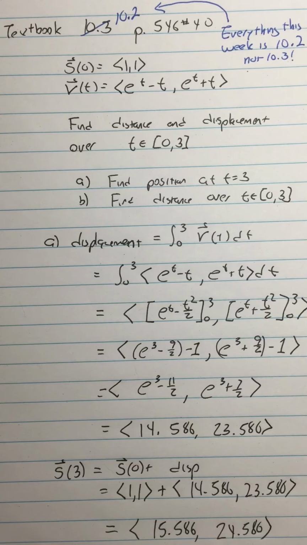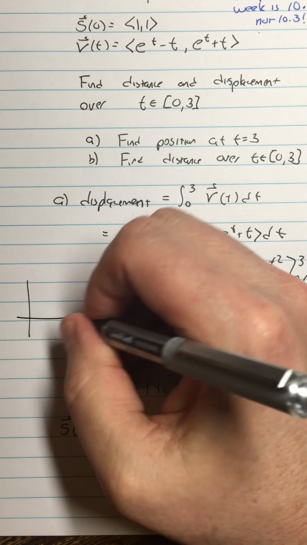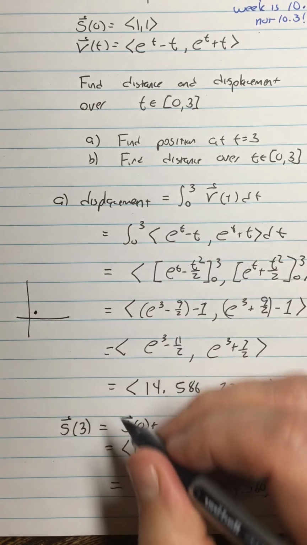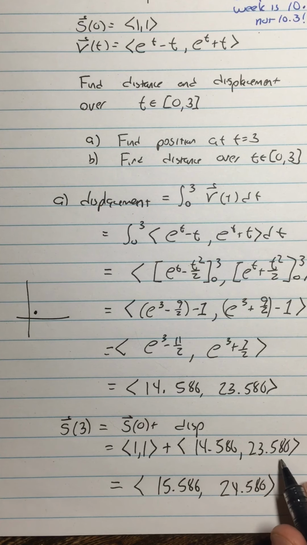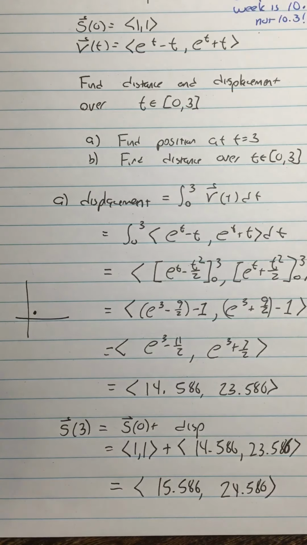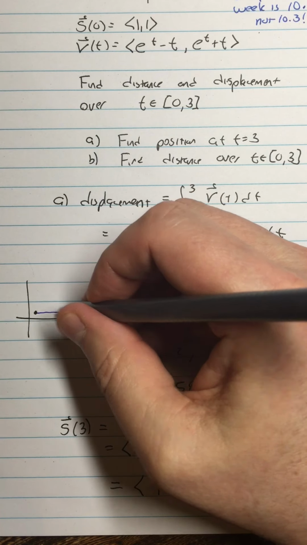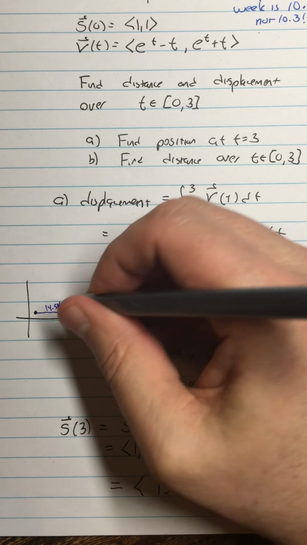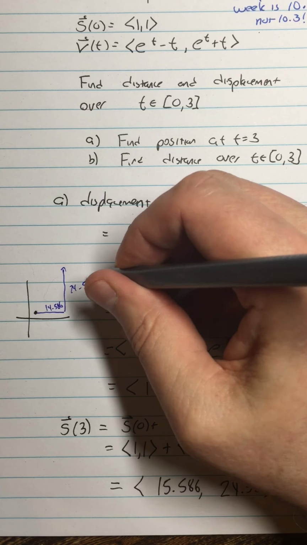So this is essentially like saying that we were initially at the point 1, 1, and we moved 14.586 to the right and 23.586 up. So we moved a vector that goes 14.586 this way and 23.586 this way.